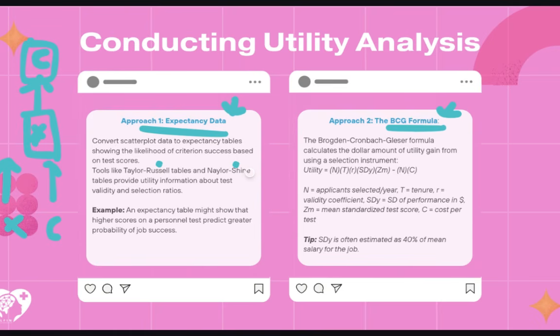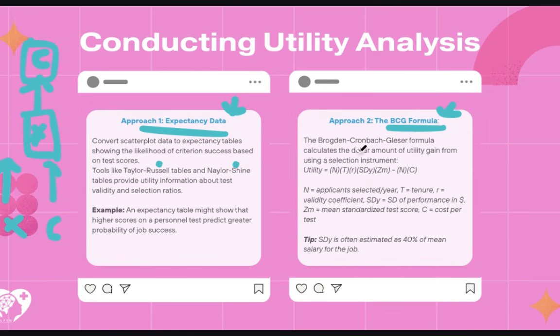The BCG formula, Brogden, Cronbach, Gleser, talks about utility gains. The other three are very dichotomous, dividing data into successful and unsuccessful, and cannot estimate the utility gains.